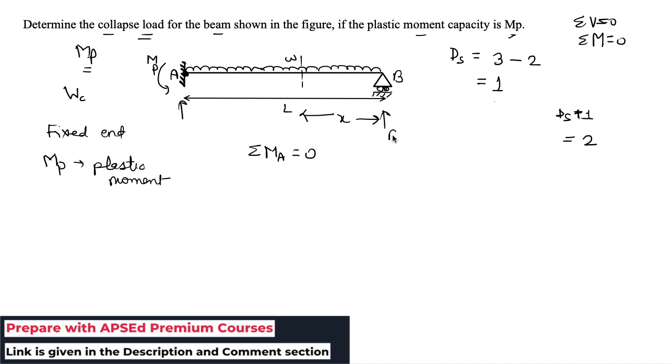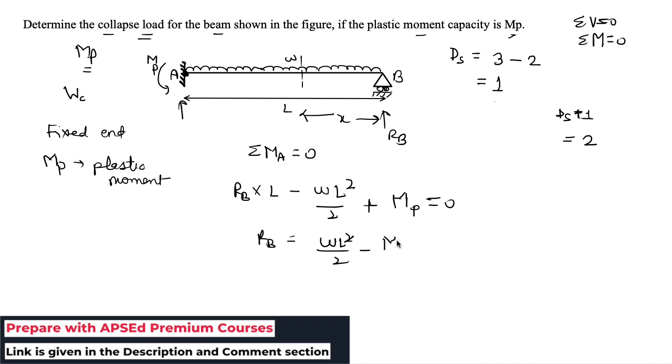So we'll have RB times L minus WL square by 2 due to this UDL, plus due to this MP, it will be simply MP, plus MP is equal to 0. Then from here we obtain RB as WL square by 2 minus, sorry, this one L will cancel out, so WL by 2 minus MP by L.